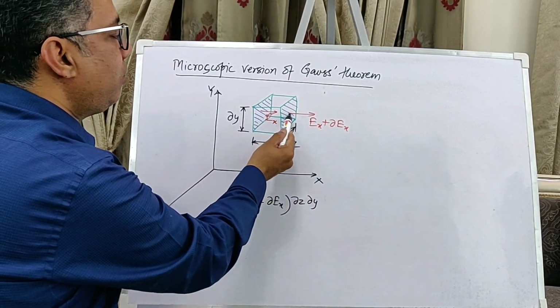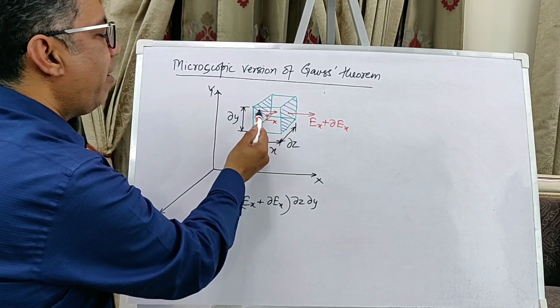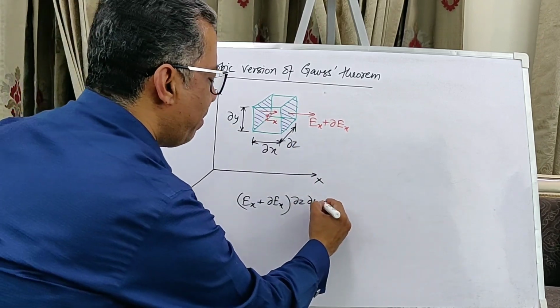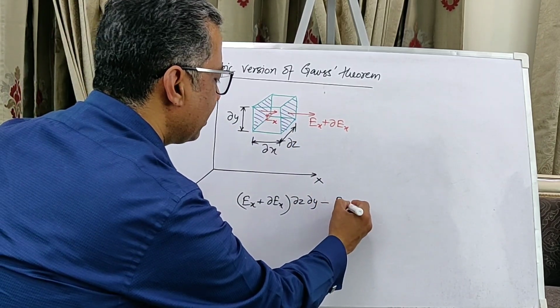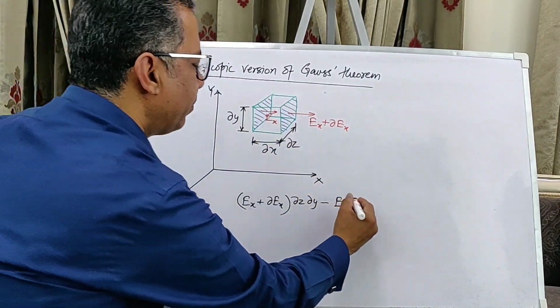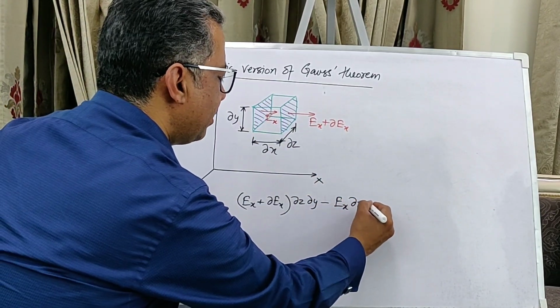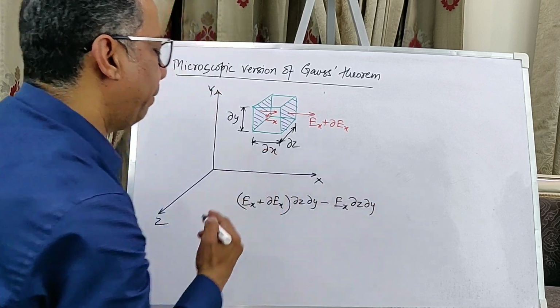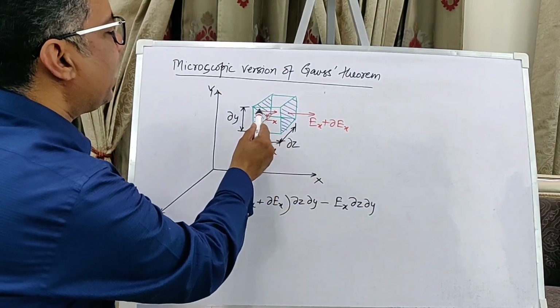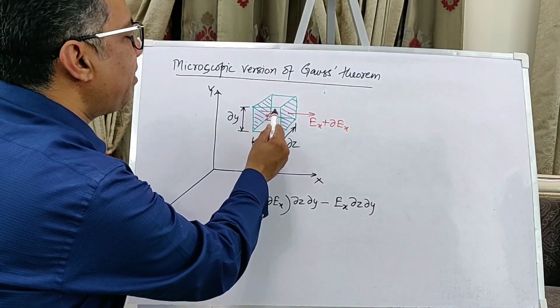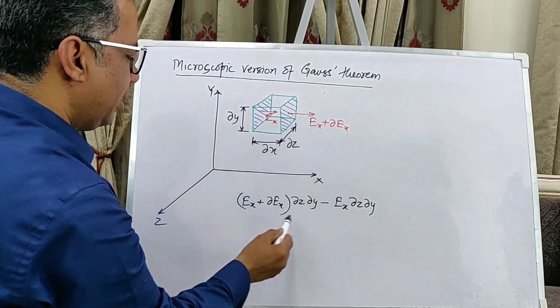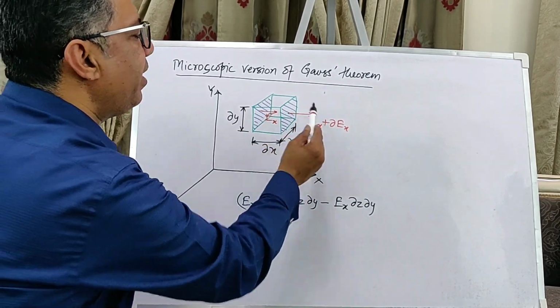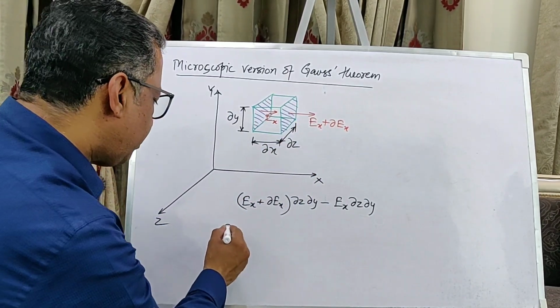The flux through the parallel face over here will be minus Ex times the same area del z del y. Now why minus? Because electric field lines are entering here, and plus over here because the field lines are leaving this surface.